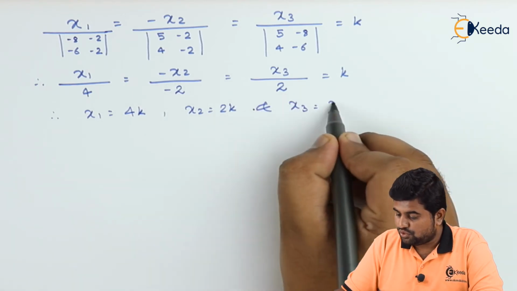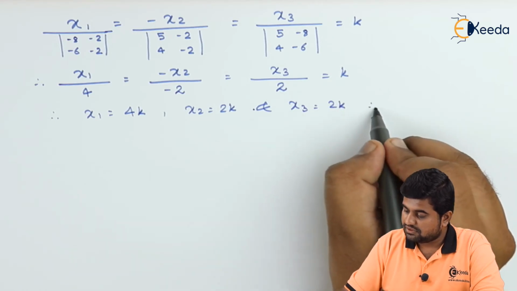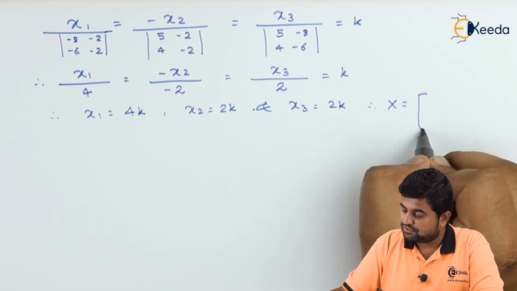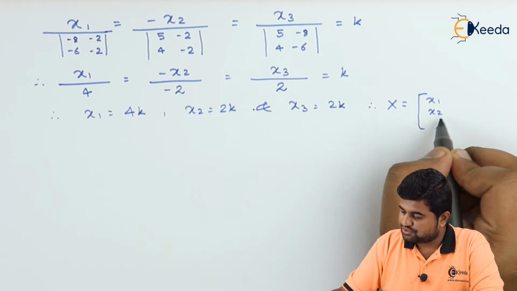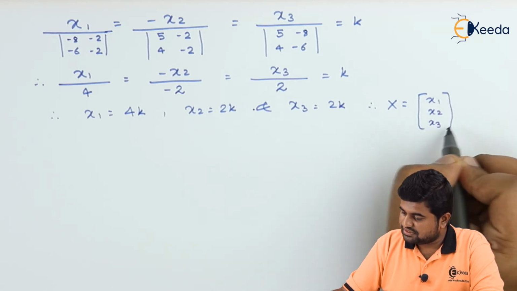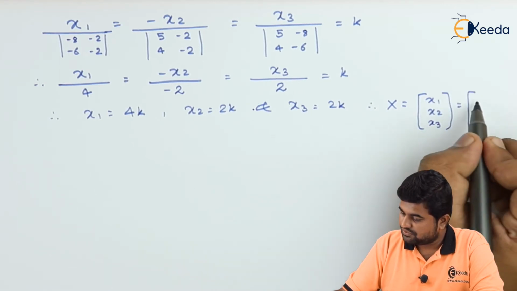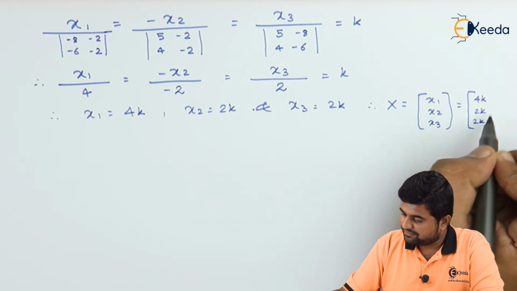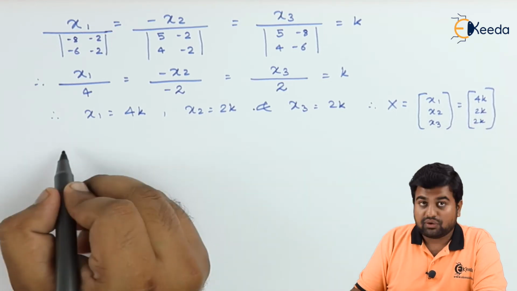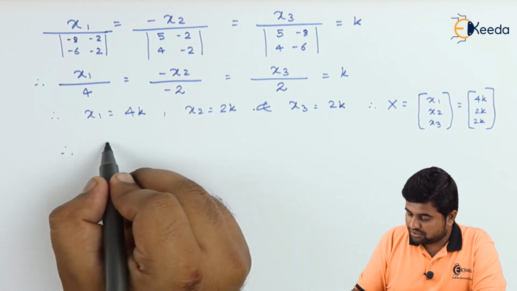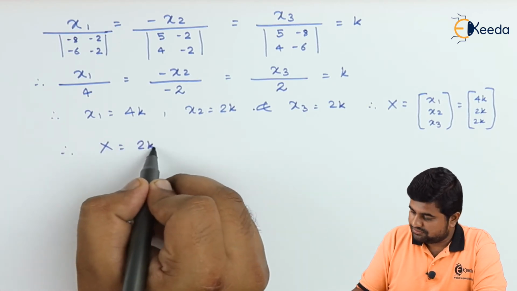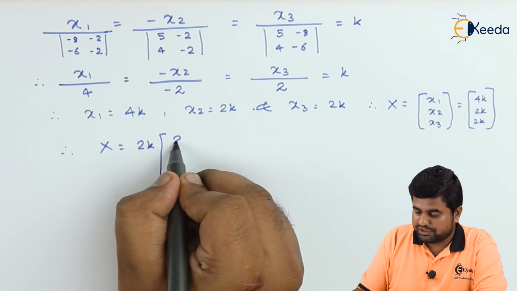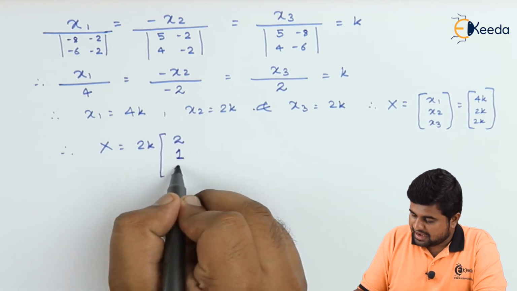is equal to 2k. Therefore, x is equal to x1, x2 and x3, which is nothing but 4k, 2k and 2k. Now I am going to take 2k out. X is equal to 2k out, which is going to be 2, 1 and 1.